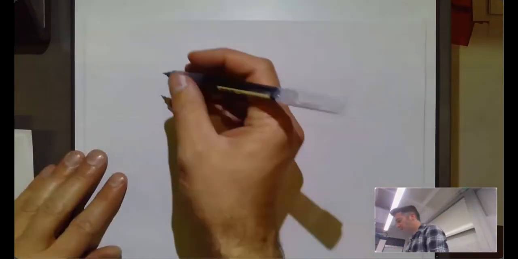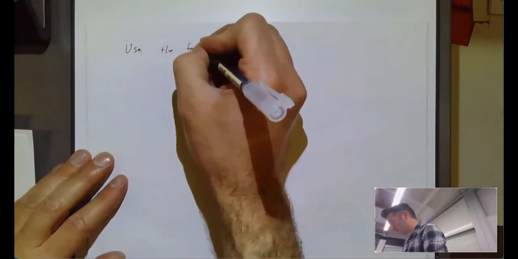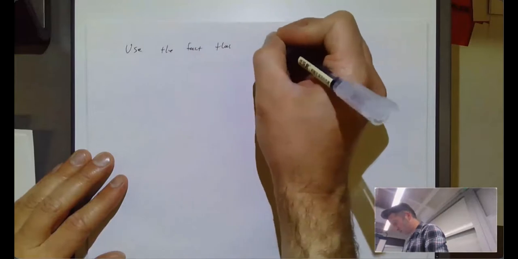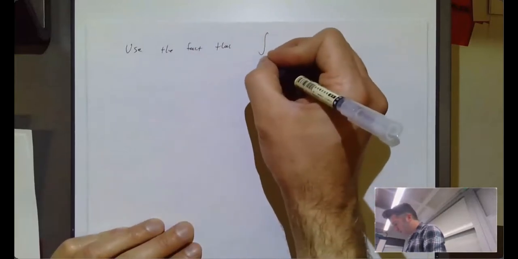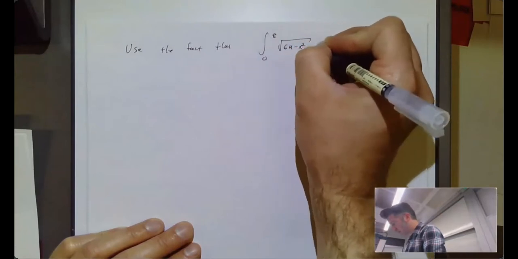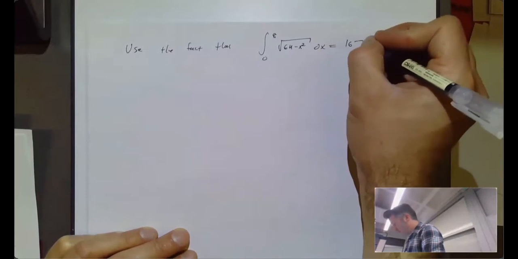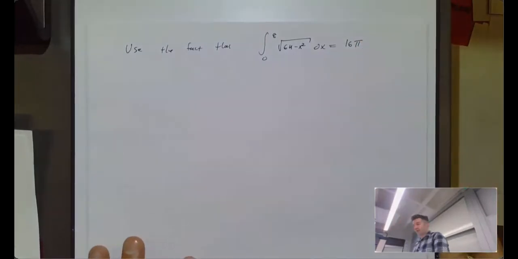Okay, so we could do something like use the fact that this integral from 0 to 8 of the square root of 64 minus x squared dx is equal to 16 pi to calculate the following.